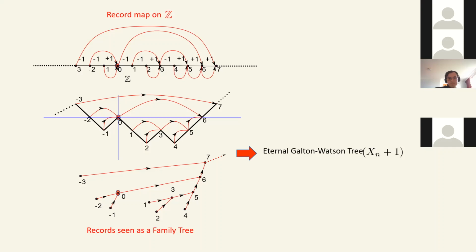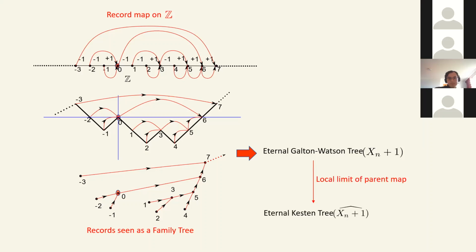And if you perform a record, it is the same as going to your father on this graph. If you perform the record on the trajectory iteratively, what you get in the local limit is something called the eternal Kesten tree, with offspring distribution X_n plus 1 hat. The hat means that it's a size-biased distribution.